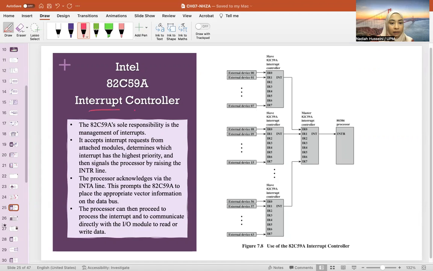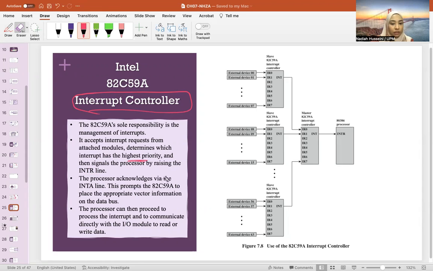Now, the interrupt controller will help us determine which goes first. It accepts interrupt requests from attached modules, determines which interrupt has the highest priority, and then signals the processor by raising the interrupt request line, INTR.